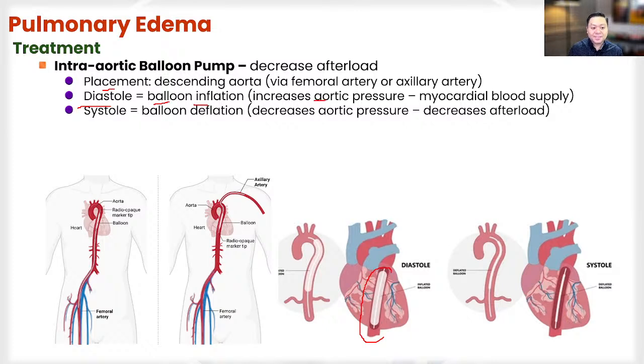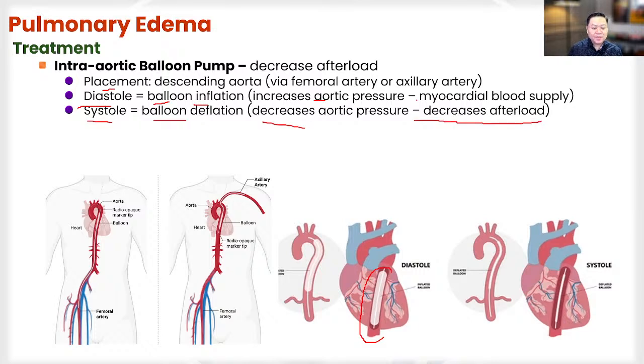When this happens, the blood will be able to perfuse into the coronary arteries, providing oxygen to them. And also during the systole, this will cause the balloon to deflate. So right here, the balloon will become smaller, and it will now decrease the aortic pressure. And so when that happens, this will now decrease the afterload.